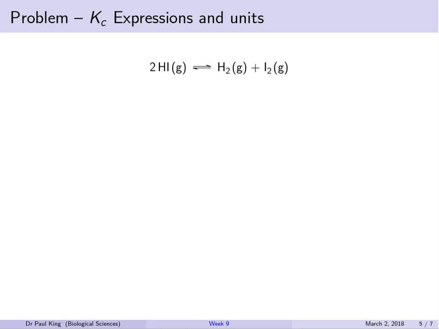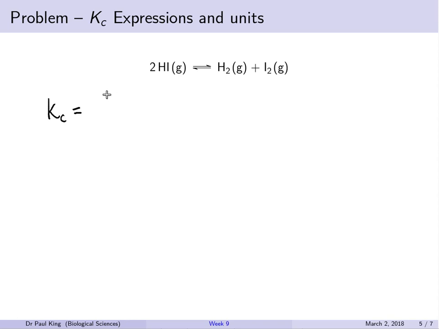Okay, next example. Here we have a gas phase reaction. We've got hydrogen iodide dissociating to give us hydrogen and iodine. Exactly the same procedure as before then. We're going to write down our equilibrium constant expression, Kc.